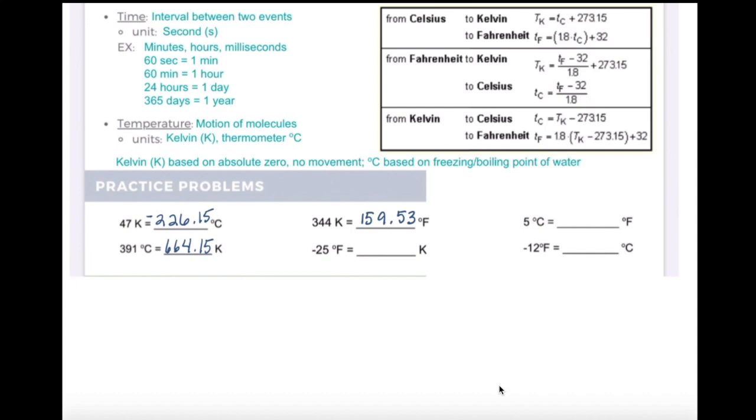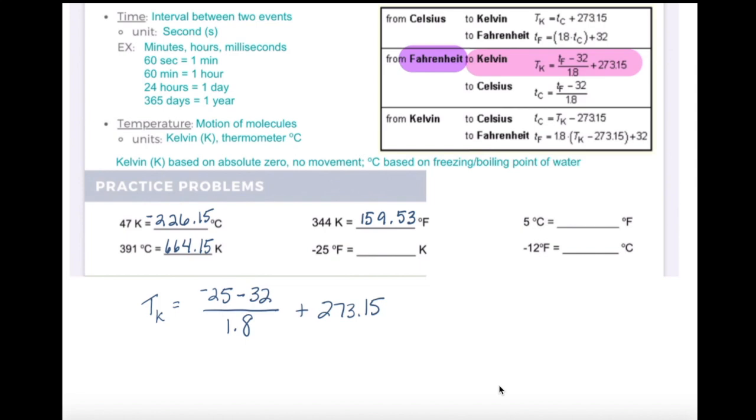For the next one, we're starting out with negative 25 degrees Fahrenheit, and we're going to Kelvin. So this is the equation we're going to use. Plugging in the information, our temperature in Kelvin is equal to the temperature in Fahrenheit, which is negative 25, minus 32, divided by 1.8, and then we're going to add 273.15 to that number.